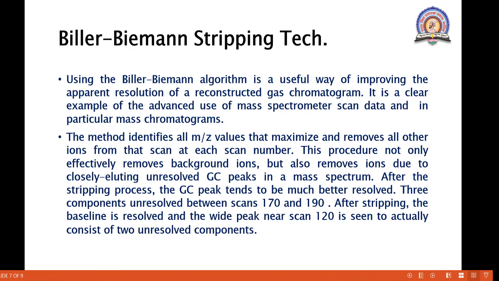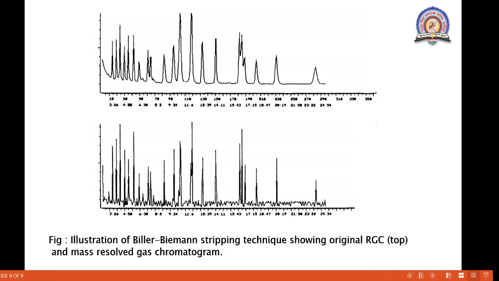So here one figure is given. This is the illustration of the Biemann stripping technique, showing the original reconstructed gas chromatogram at the top and the mass resolved gas chromatogram at the bottom.